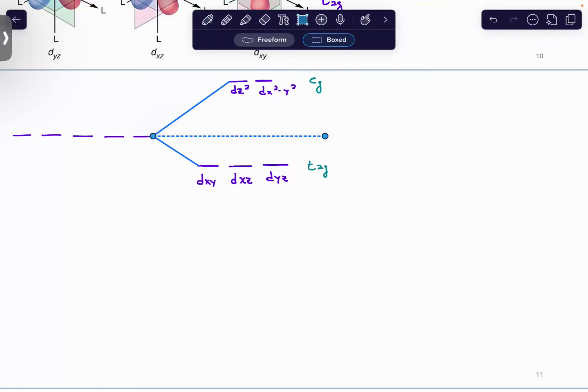All right. Now what you're going to start to notice is if we look at these, you're going to put a line here, and then one up at the EG level, then one down at the T2G level.